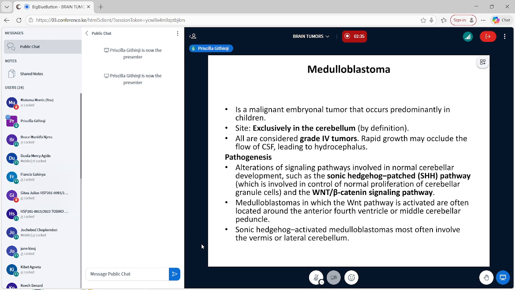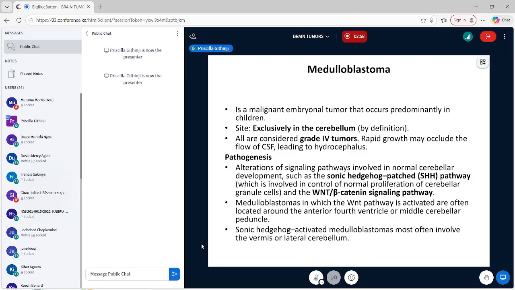So you can have alterations in the signaling pathways involved in normal cerebellar development, such as the sonic hedgehog patched pathway, the SHH, which is involved in control of normal proliferation of cerebellar granules, and in the WNT beta-catenin signaling pathway.